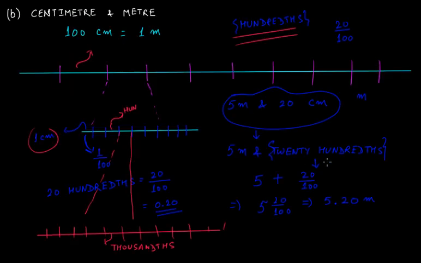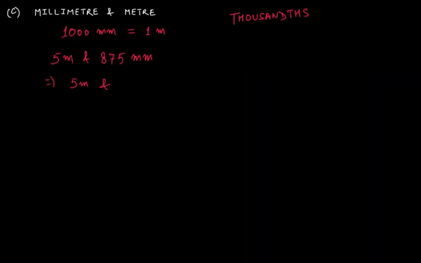As we did here, we did 20 hundredths. In this case, you will have 875 thousandths, means 875 upon 1000.